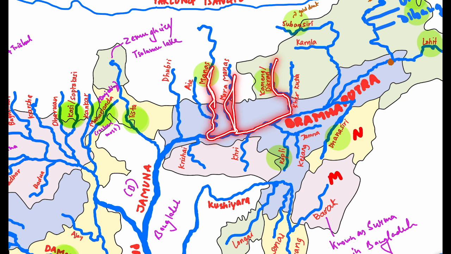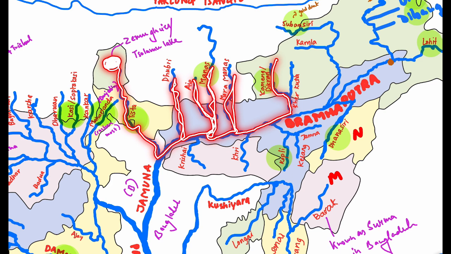Very important river. Then Aie River joins it. Then Dhubri River joins it. Then in the last, Tista River joins it. Tista originates from Zemu Glacier, Tso Lhamo Lake. It originates in Sikkim, that is important.